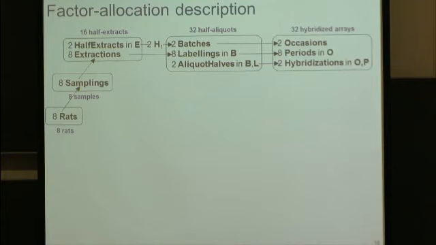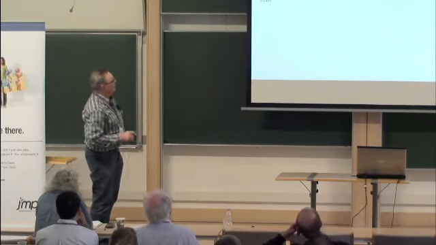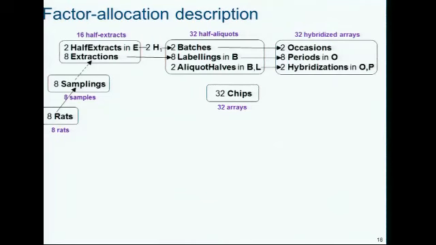consecutively, as I said. You're going to need 32 chips that have the aliquots from the extract. What do I call them? I can't remember. I need to randomise these 32 chips to the combinations of those factors so that there's no particular order there as well.